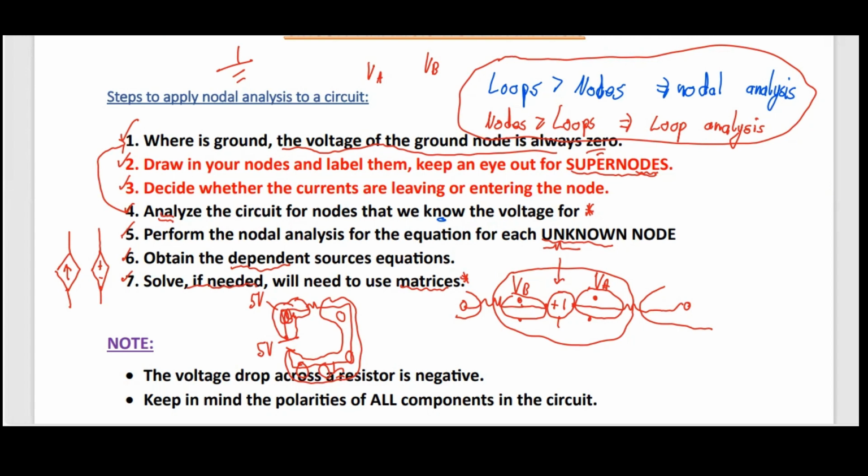Your second assignment, you will need to use it, your third one maybe, your fourth one definitely, the AC analysis. But you could use Multisim. For your final exam, you don't need to do step 7. You don't need to solve for them. You just need to get the equations, so you don't have to worry too much about it.